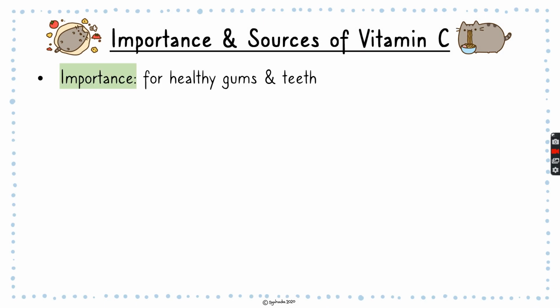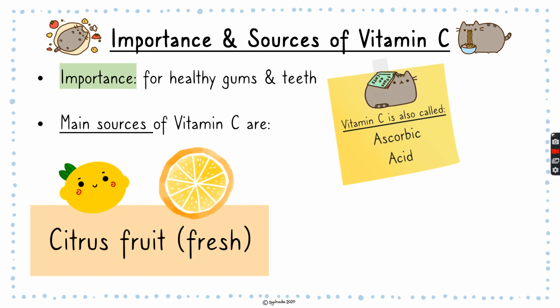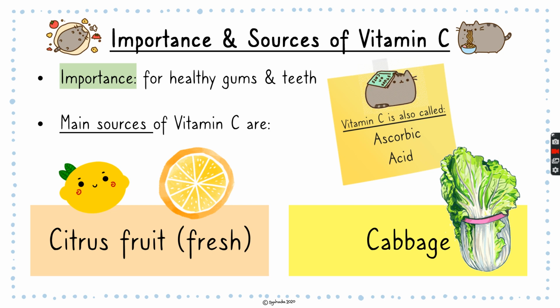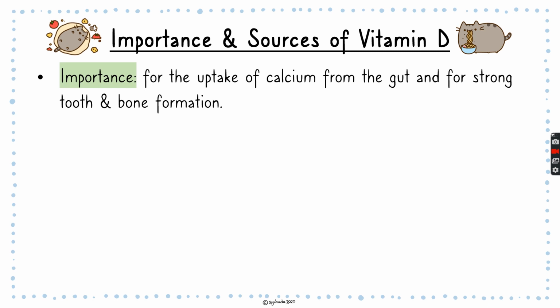Vitamin C is a very important vitamin for healthy gums and teeth. Vitamin C is also called ascorbic acid. The main sources of vitamin C are citrus fruits, like lemon and oranges, and also cabbage. Vitamin D is another important vitamin for the human body.